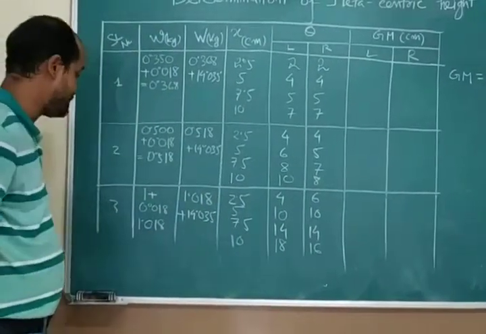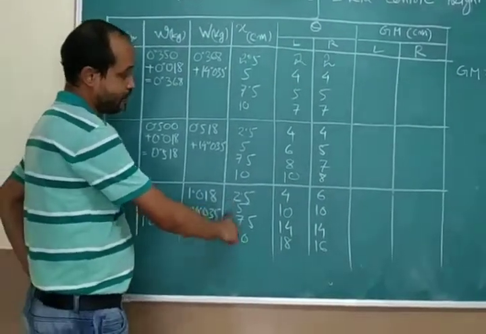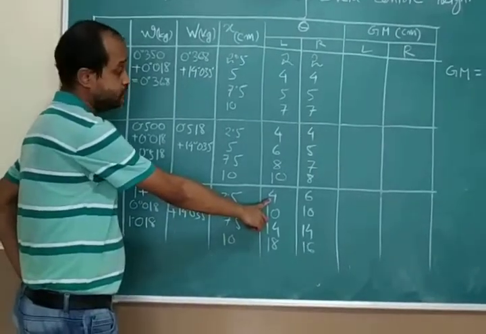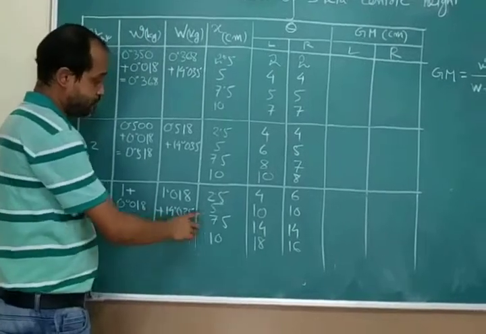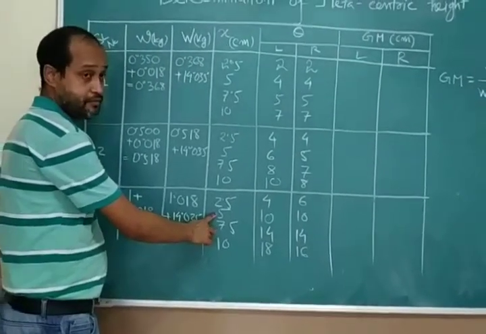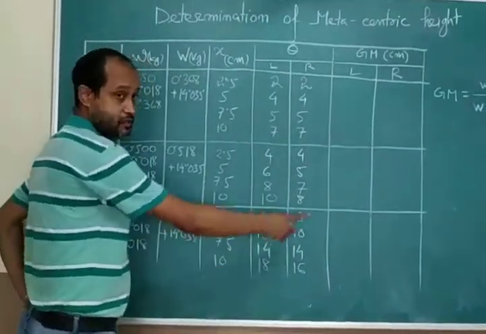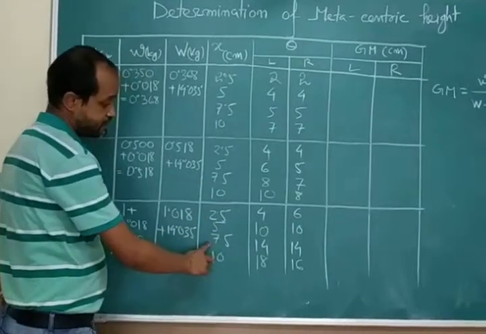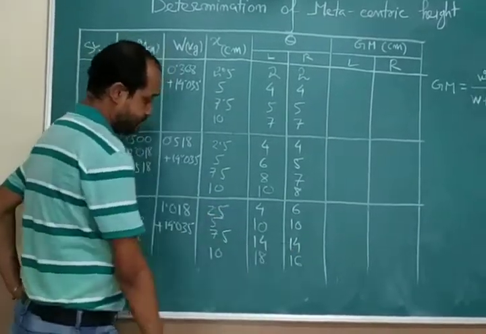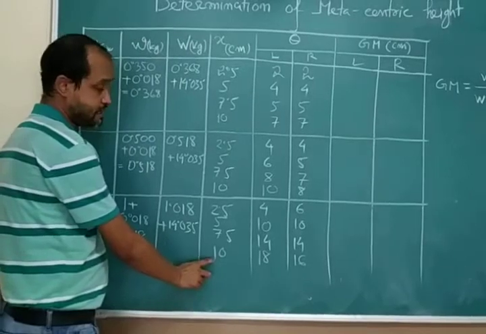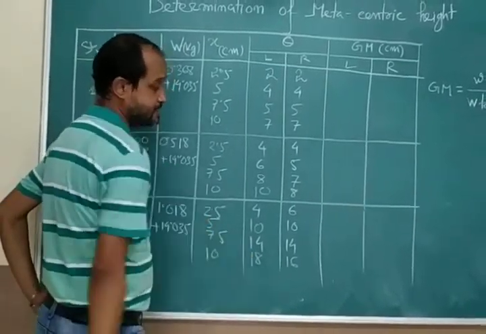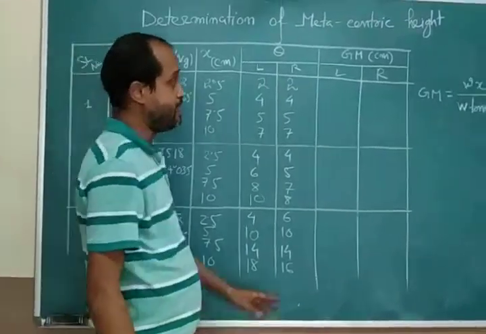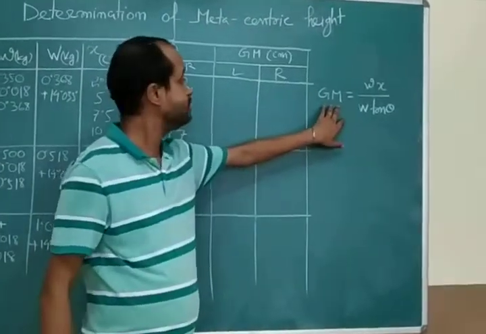Similarly, for the 1 kg, 2.5 will be 4 for left hand side, right hand side is 6. And the position 5, it is 10, 10 on both sides. For 7.5 is 14, 14. And last one, for 10, it is 18 for left hand side, and for right hand side it is 16.